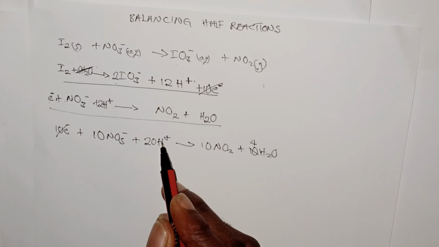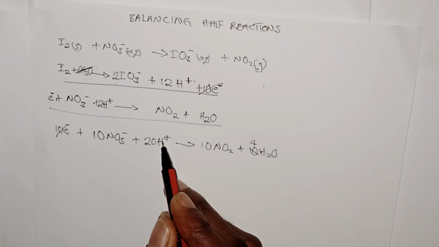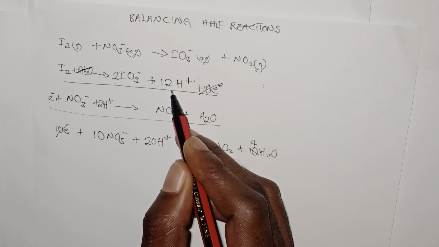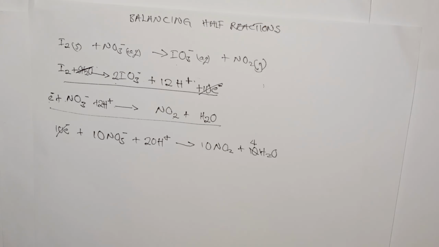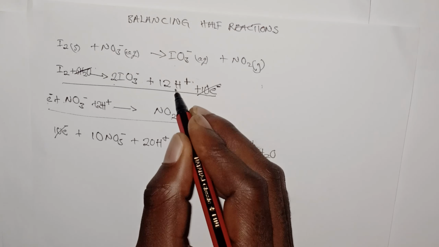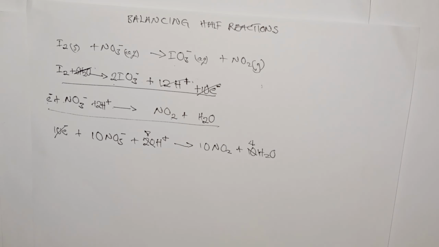Now, here we also have 20 hydrogen ions, but here we have 12, right? The difference between 12 and 20 is 8. So these will disappear and here we are going to have 8.